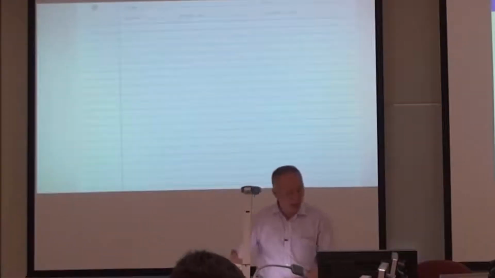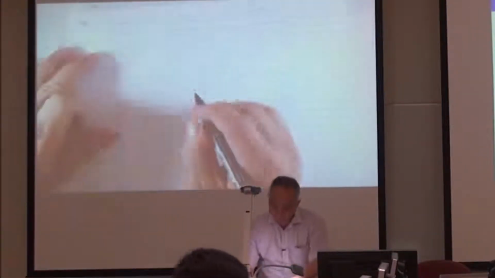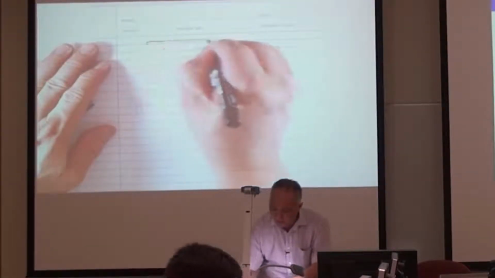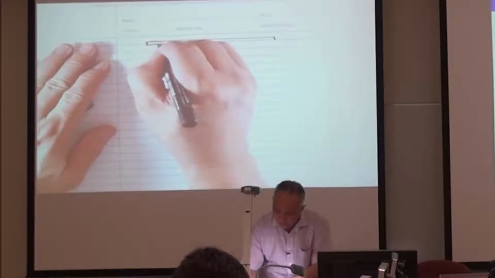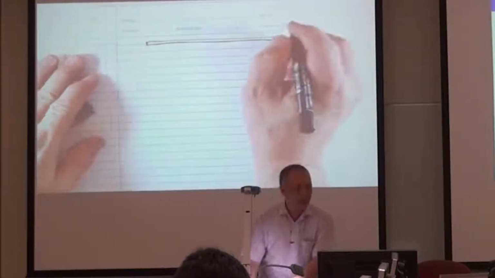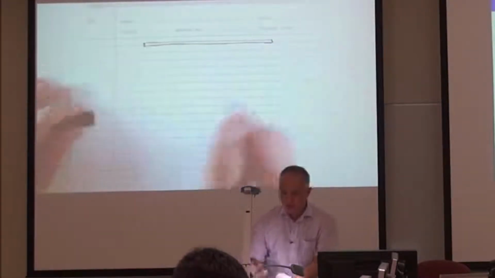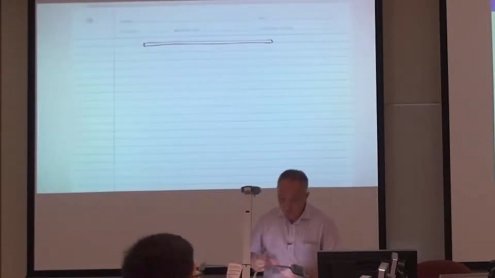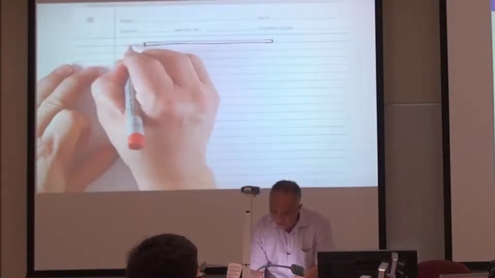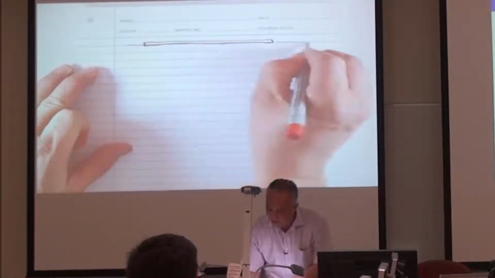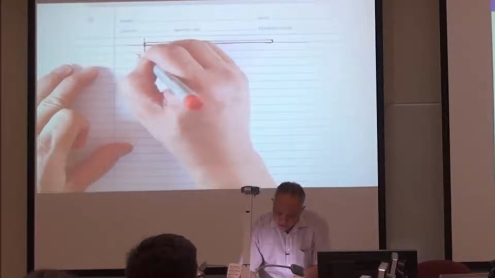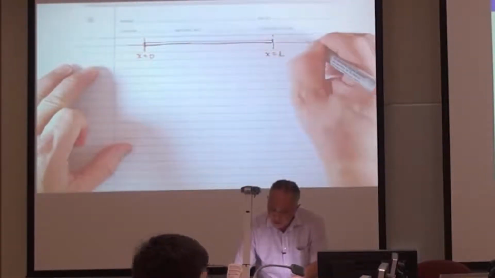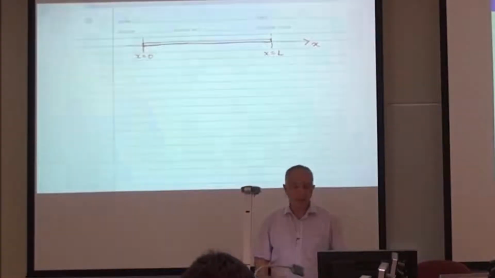if you like, a metal bar, a bar of a certain length, let's say L. So we have a bar like this, and it has a certain length L. So we place this bar on the x-axis, and for convenience, place it such that one end is at x equals 0, therefore the other end will be at x equals L. This is along our x-axis.